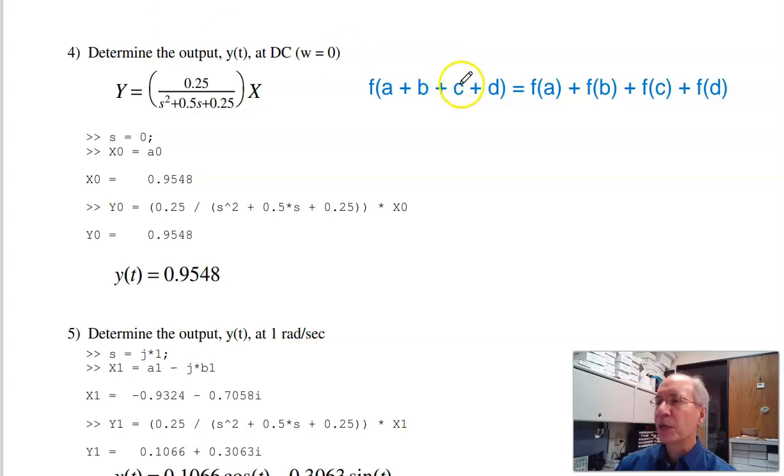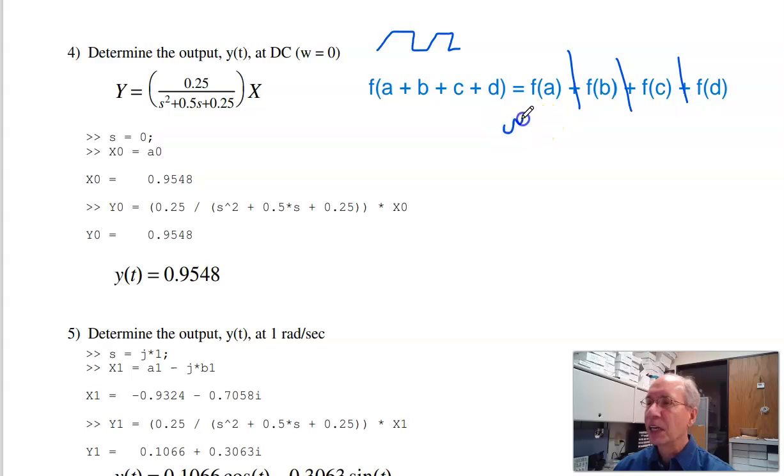Now, from the previous problem, I've got x of t, that's this periodic waveform that's not a sine wave. I can split it up into 4 terms. The DC term, 1 radian per second, 2 and 3 radians per second. Treat that as 4 separate problems. Find the output at 0, at 1, at 2, and 3 radians per second. Add up the answers, I get the total answer.